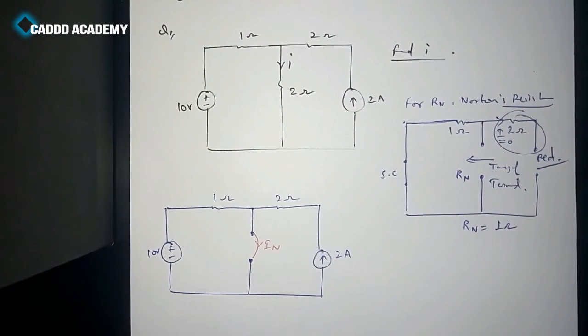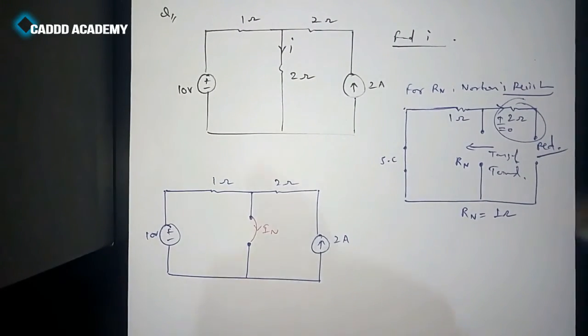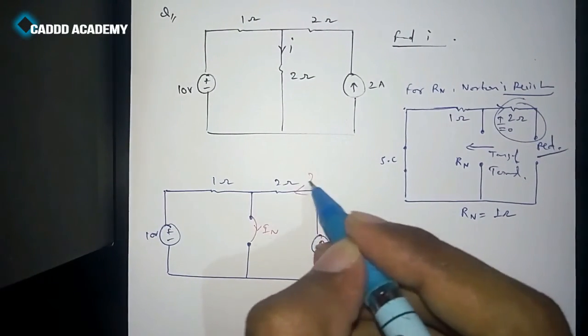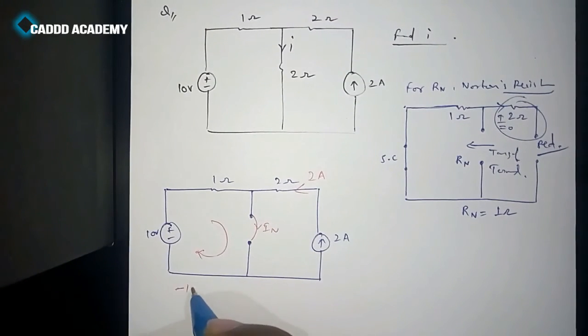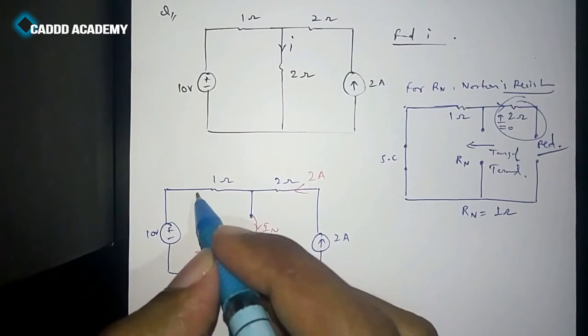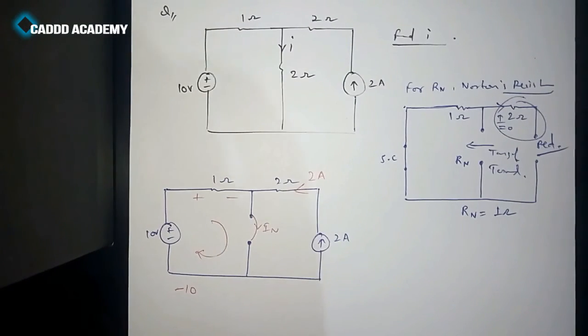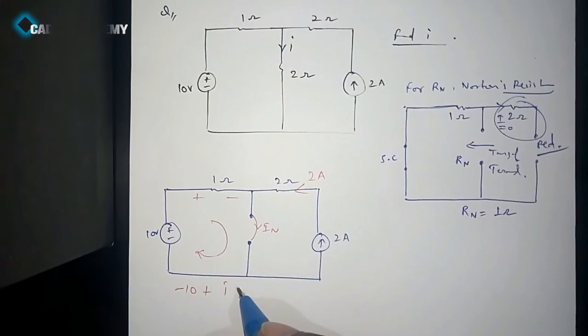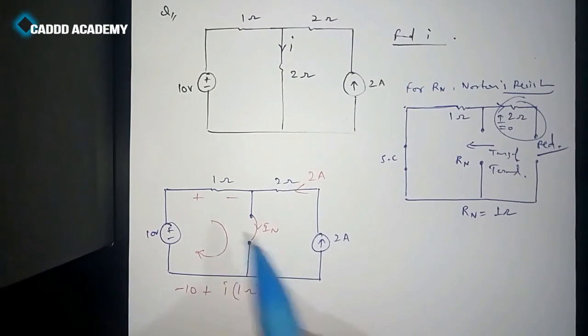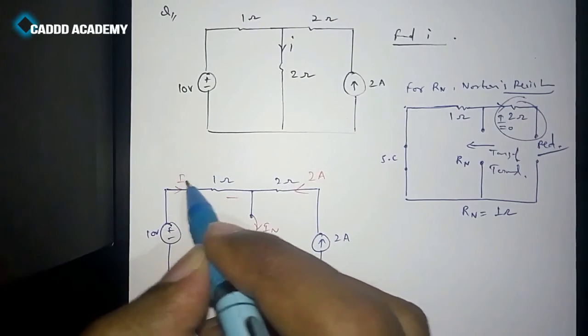Okay, in Thevenin's theorem we calculated the voltage across this terminal, and now we have to calculate the current through these terminals. So from this side we are getting 2 ampere of current, and writing the KVL in this loop, we have minus 10 volt plus I into 1 ohm is equal to 0. Here I is the current.